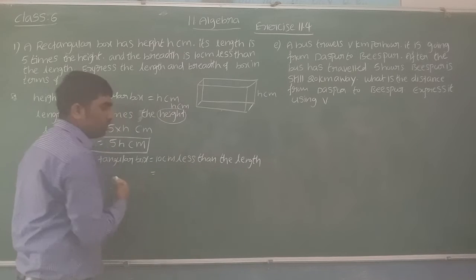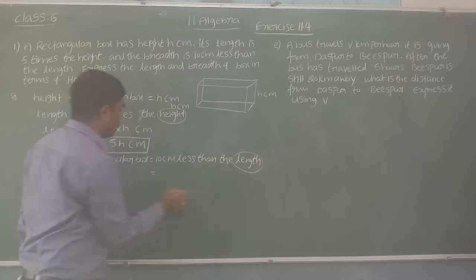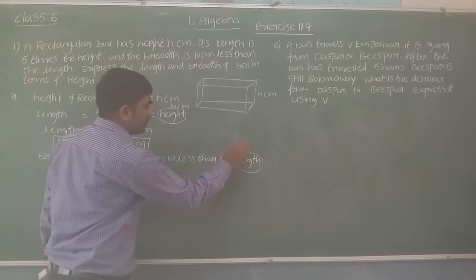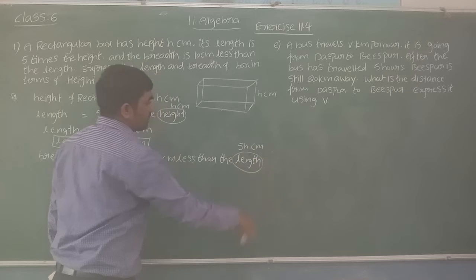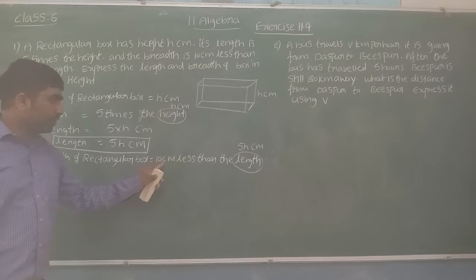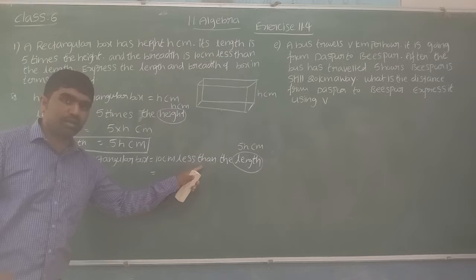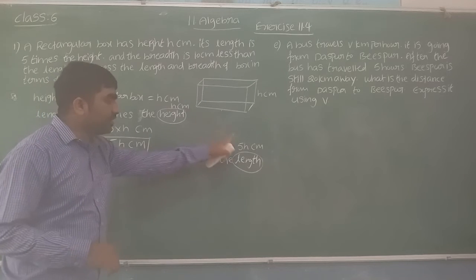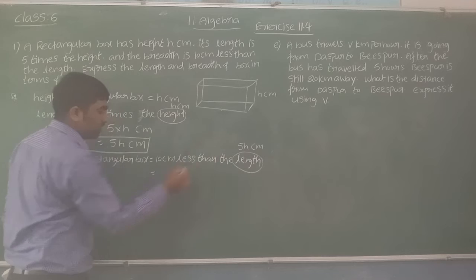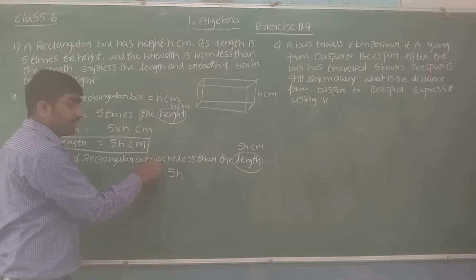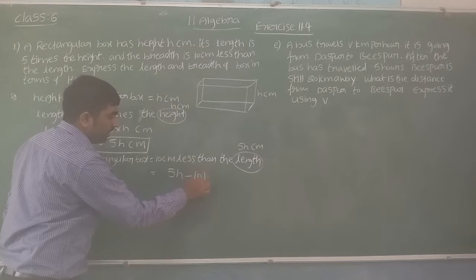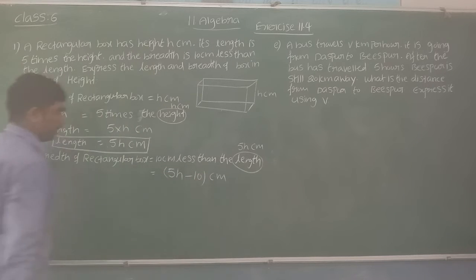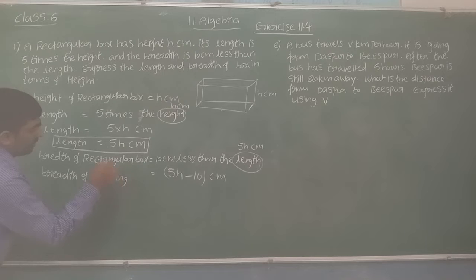Come from backwards, always I said length. Just now we got it, 5h centimeters. Now 10 centimeter less than, we can write the operation minus. 10 centimeter less than 5h. Come from backwards, we write 5h, 10 less, minus 10, and it is centimeters. Yes, now we got the breadth of the rectangle, which is in terms of h.